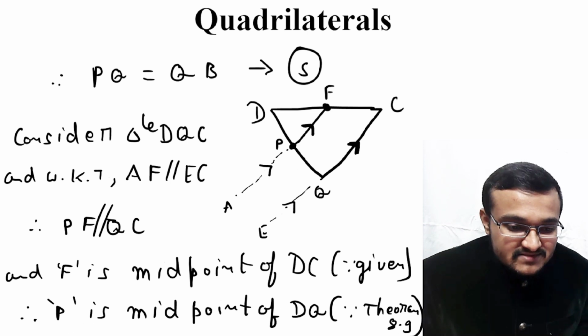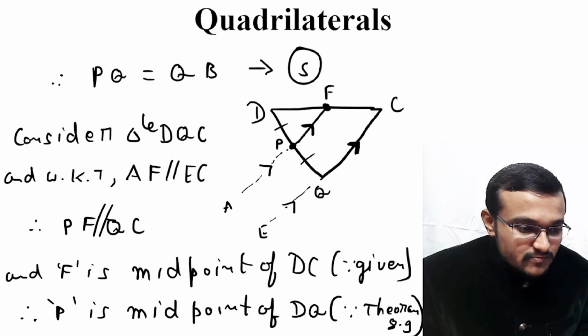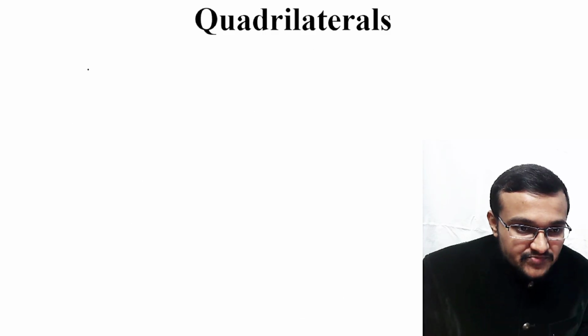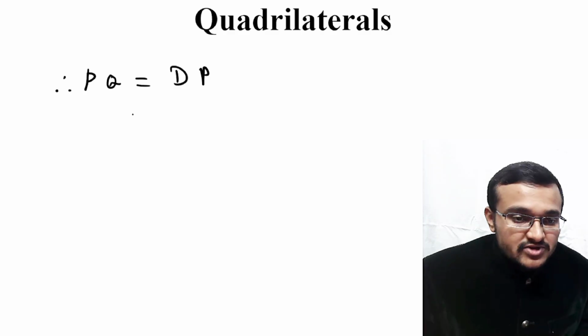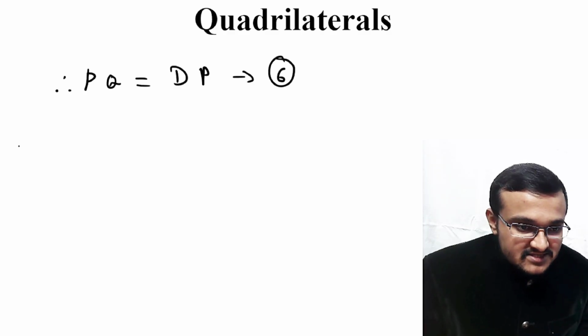So now we got P as the midpoint of DQ. That means DP is equal to PQ. We can call this equation 6.